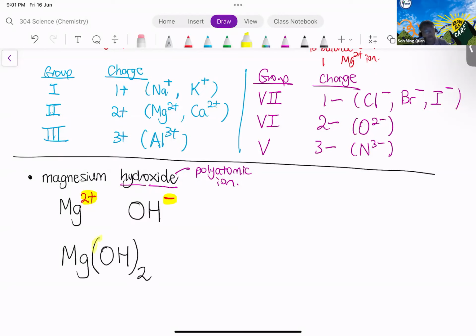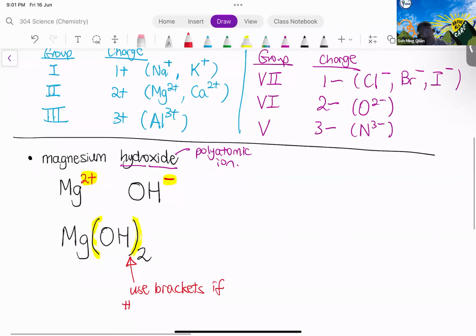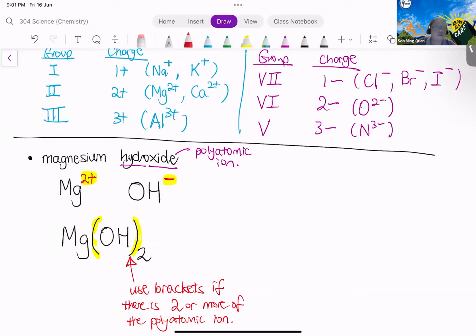So when do we use brackets? We use brackets if there are 2 or more of the polyatomic ion. Just now, we didn't use brackets because those are not polyatomic.